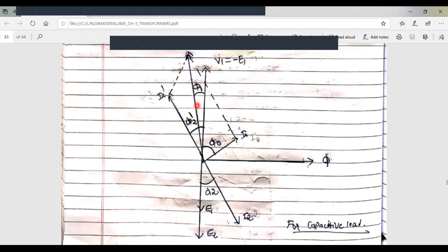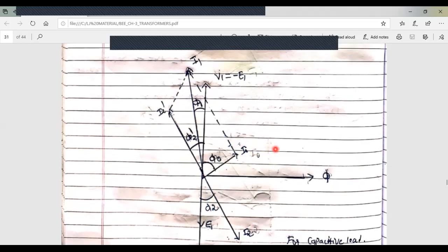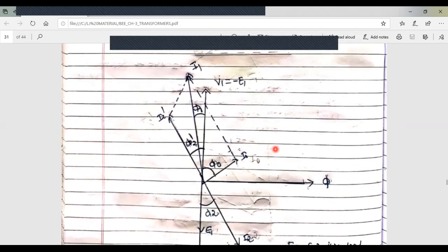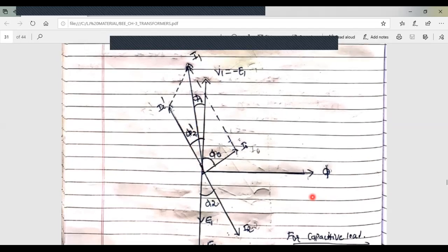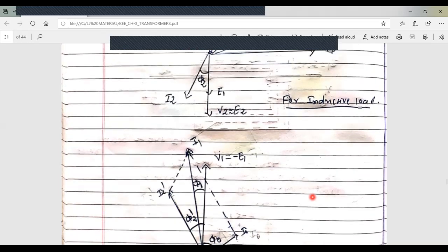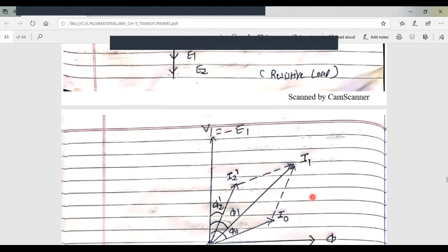Draw this parallelogram, and this is I1. I1 is the vector addition of I2 dash and I0. Keep in mind that in all three phasor diagrams, you have to mention the three fluxes: this is phi0, this is phi2 dash, and this is phi1 due to I1. So these are the three phasor diagrams. This is very important theory for your exams.